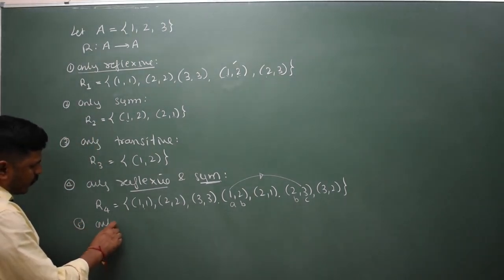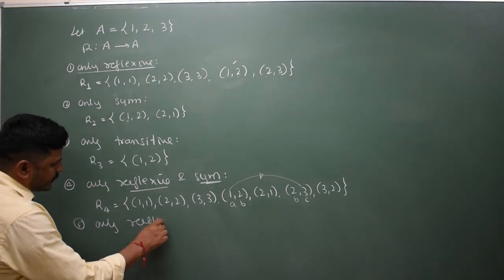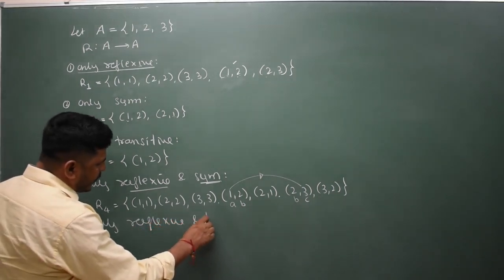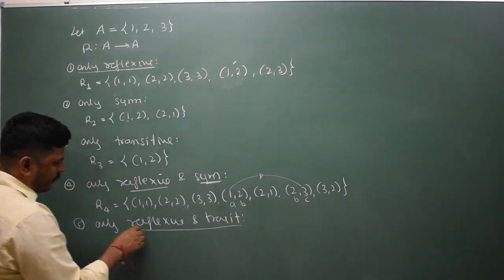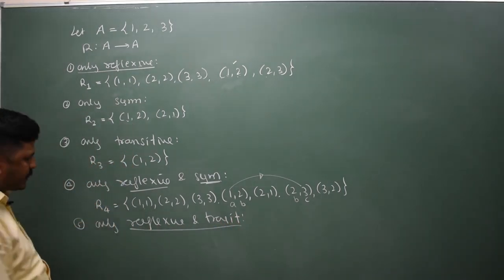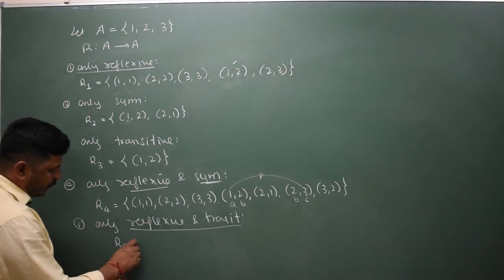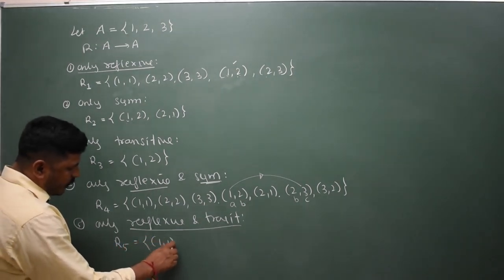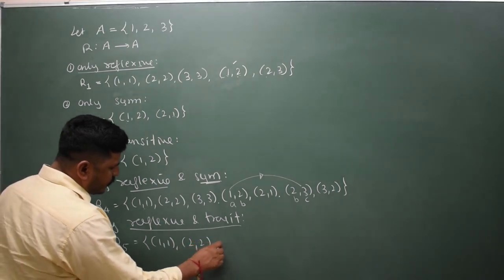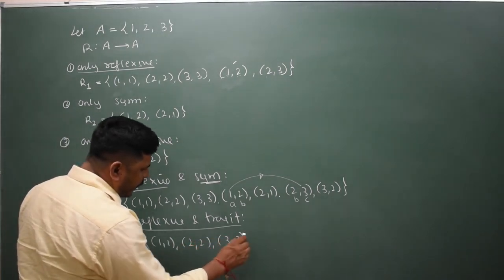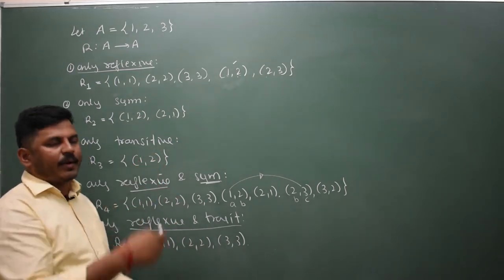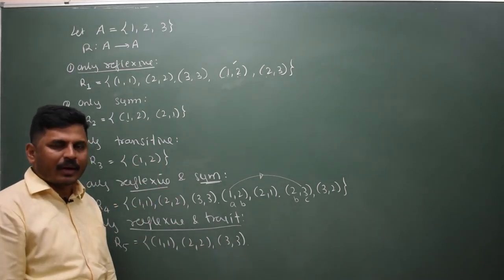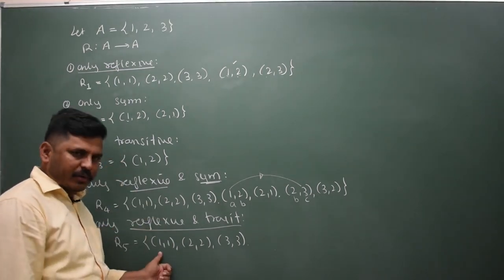Next one, only reflexive and transitive, but not symmetric. Only reflexive and transitive. I will take, say, R5. For it to be reflexive, 1 1 2 2 3 3 must be there. Yes, of course, it is transitive also, but at the same time it is symmetric also.